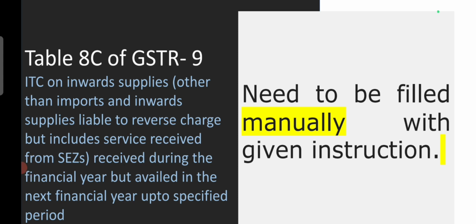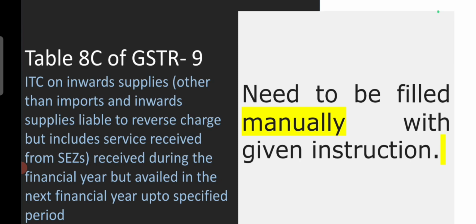This GSTR 2B will contain invoices which pertain to financial year 22-23, as well as some invoices that pertain to 23-24 but come in our next year. So how to report all these values in table 8C? 8C means the input tax credit which is available to us for this financial year, but we have availed this ITC in the next year due to any reason.